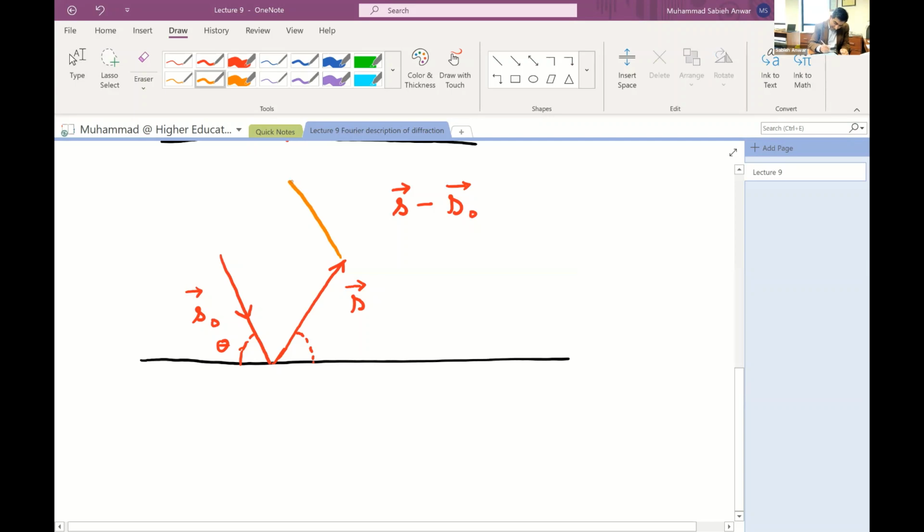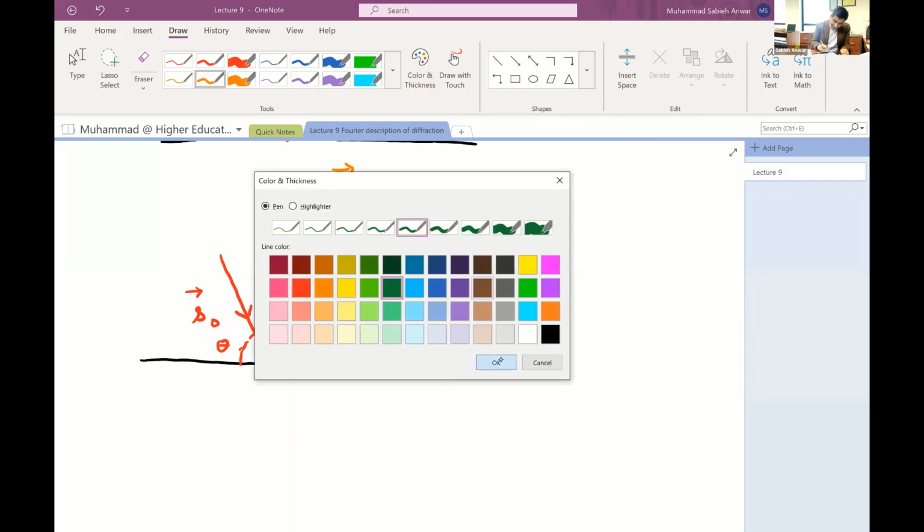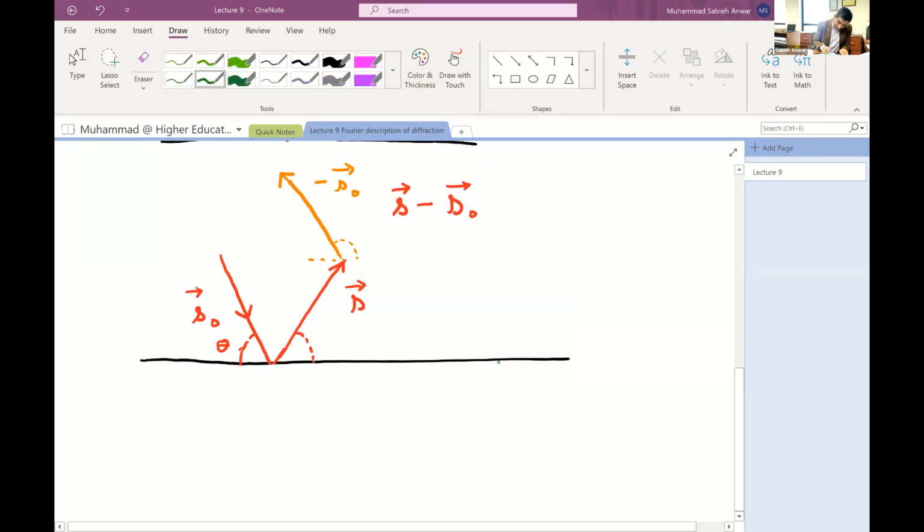So minus S naught goes here. The angles are proper. This is theta and this angle here is pi minus theta. And then I add S with minus S naught and I form this vector here.